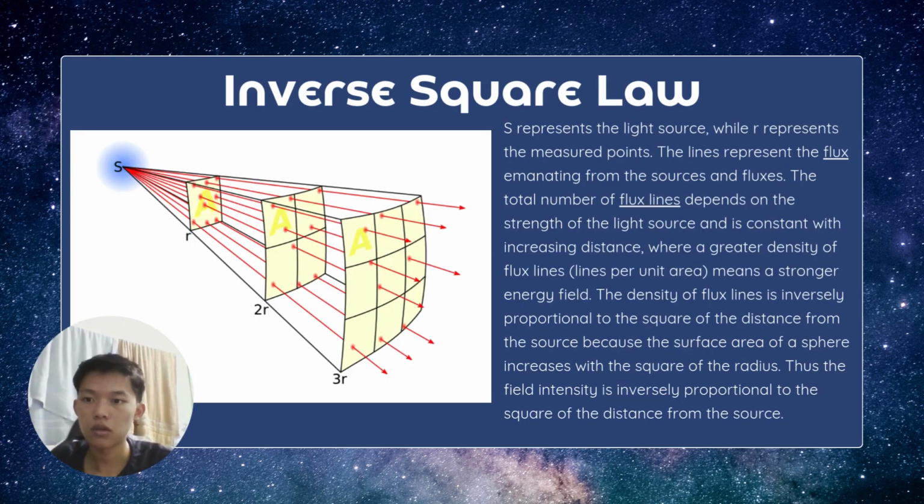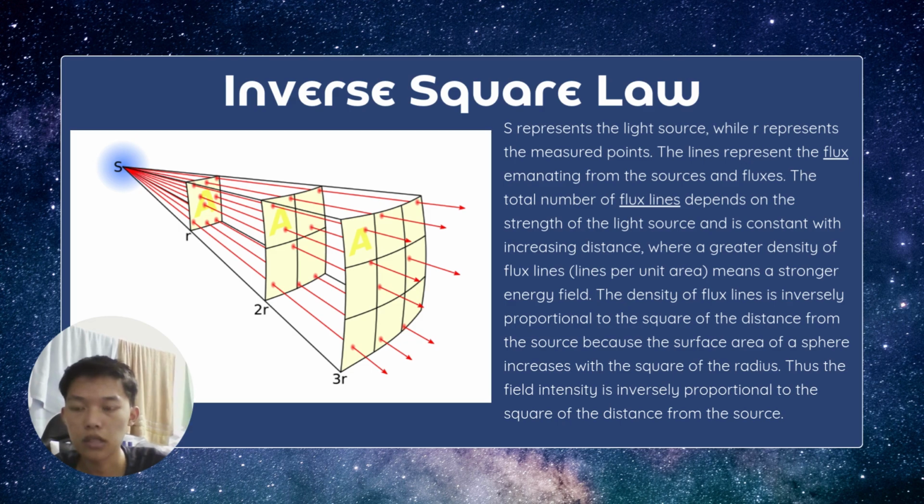The inverse square law explains how the intensity of light or any radiating energy decreases with distance from the source. If S represents the light source and R represents the measure points, the flux lines spreading outward illustrate how energy distributes over an increasing area.